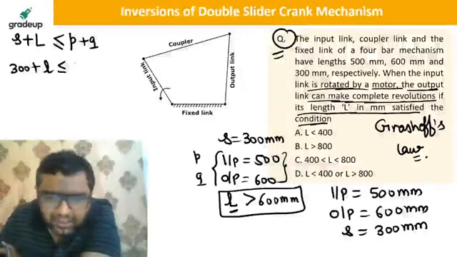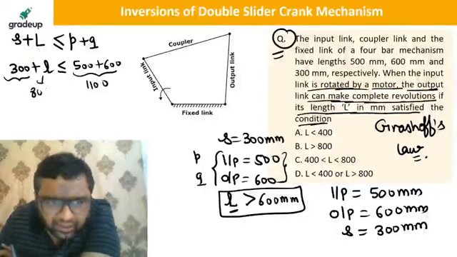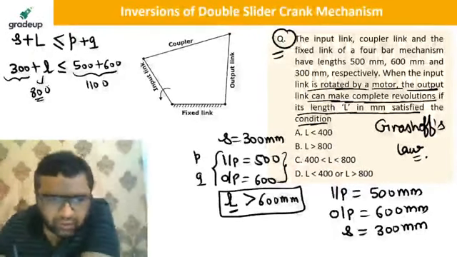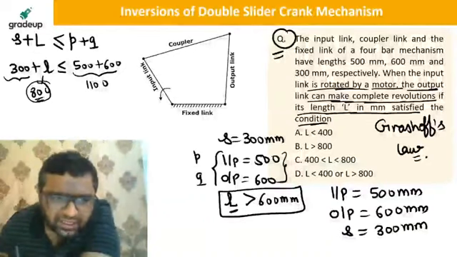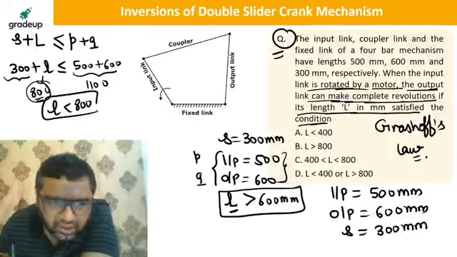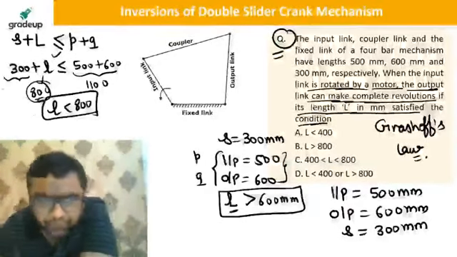So I am writing P is 500 plus 600, the sum is 1100, and if it is 300, L should be a maximum of 800. If L is 800, this condition is satisfied. L should be less than 800, that is for sure from this condition. If L is less than 800, definitely this condition is going to be satisfied.